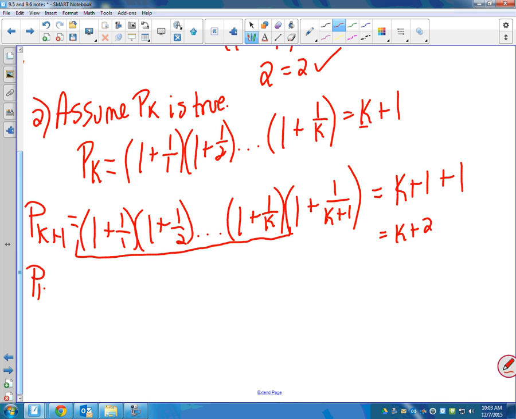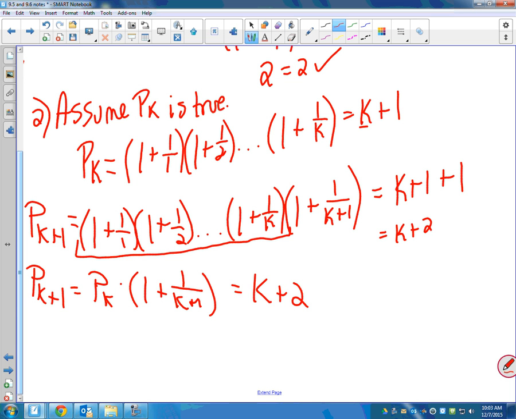So every time, I can say that's just P sub k times the next term, which is 1 plus 1 over k plus 1. Okay, so P sub k times that. And I know it's supposed to equal k plus 2.